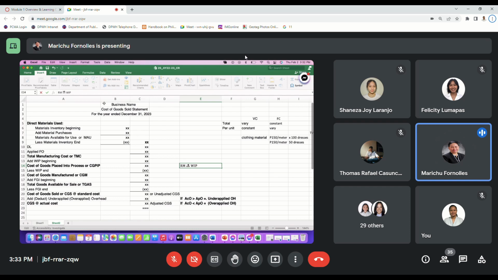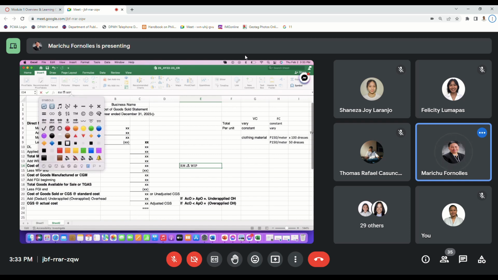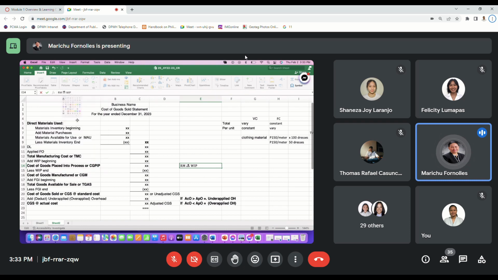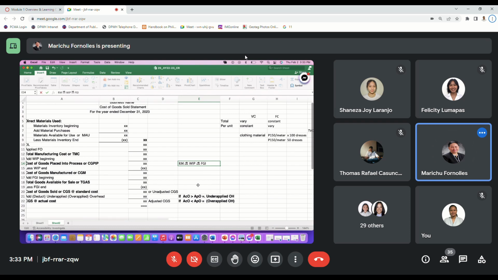Then, from the work in process, once completed, that will be transferred out to finished goods inventory. So it will be placed in the warehouse awaiting delivery. So next, when the completed job is sold, then there is a transfer from finished goods inventory to where?